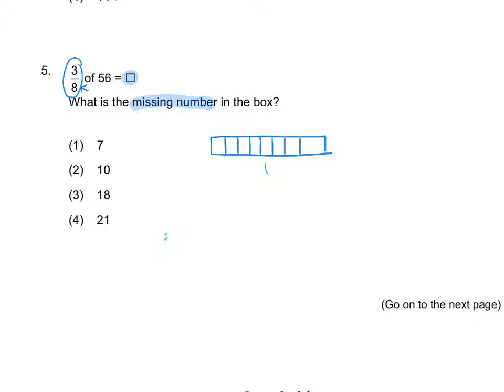Okay, and then for these 8 parts of 56, this 8 units has a total of 56. And I'm interested in how many units? I'm interested in 3 units. So I shade 1, 2, 3. That is my aim, to find out what is the value of 3 units.